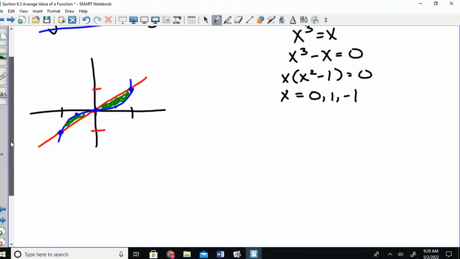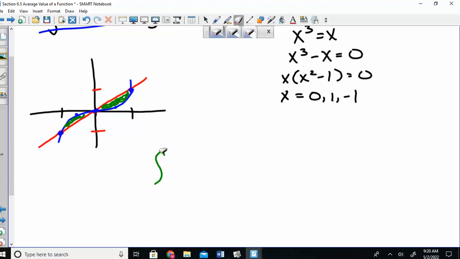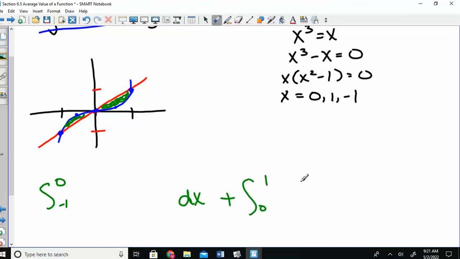So what would we have to do on this one? Set up 2 intervals. The first one would go from -1 to 0. Those are x values, so it's dx. Plus, the next one goes from 0 to 1, dx.